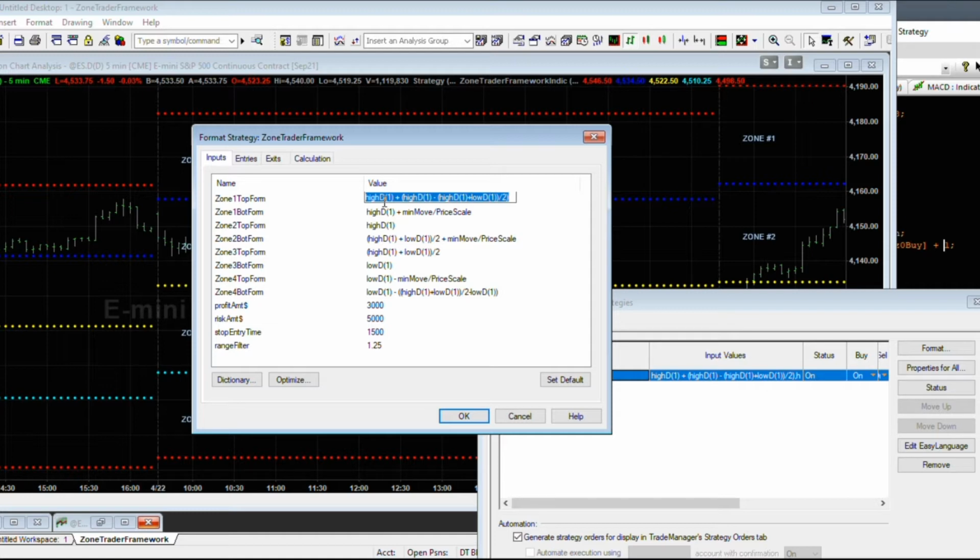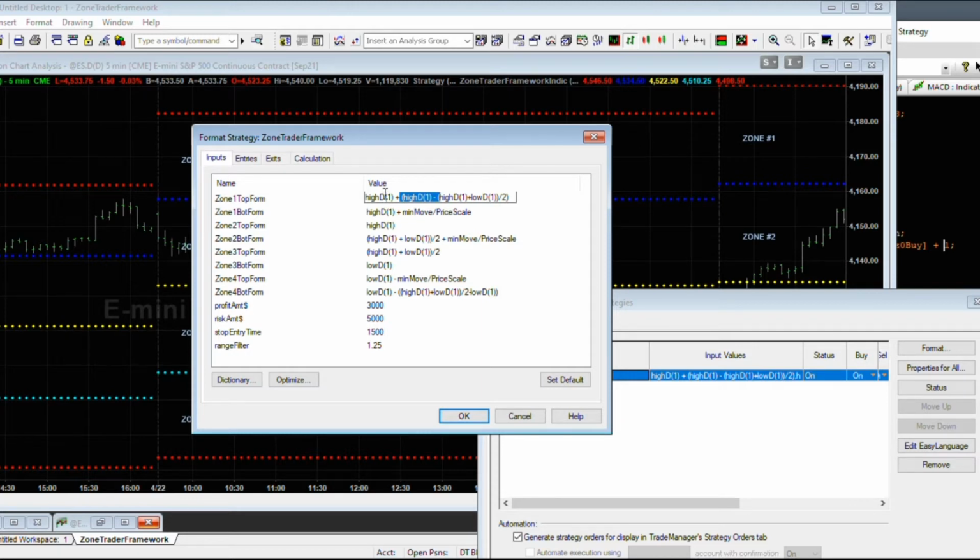So high D with a subscript of 1 says yesterday's high plus yesterday's high minus yesterday's high plus the low of D1, yesterday's low, divided by 2. So basically what you're doing is you're taking the high of the day and you're adding the high of yesterday minus basically the midpoint. So the high of the day minus the midpoint plus the high of the day gives you resistance level 2.